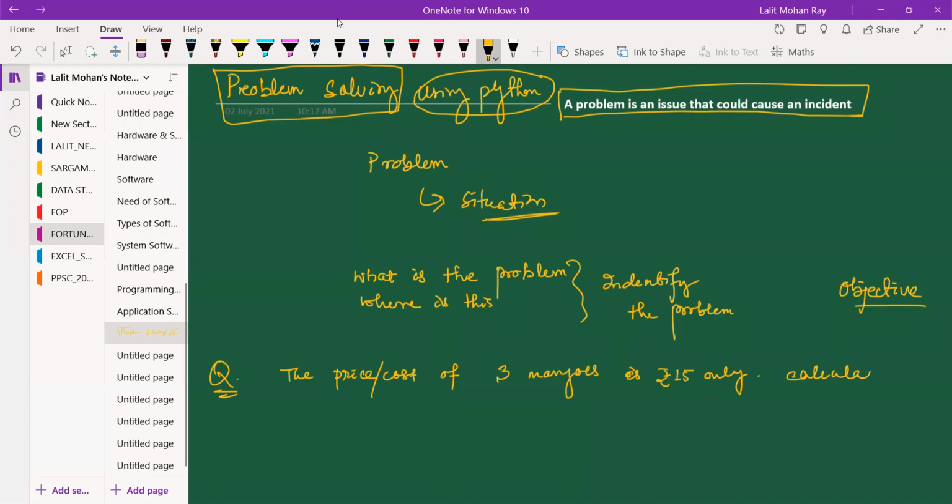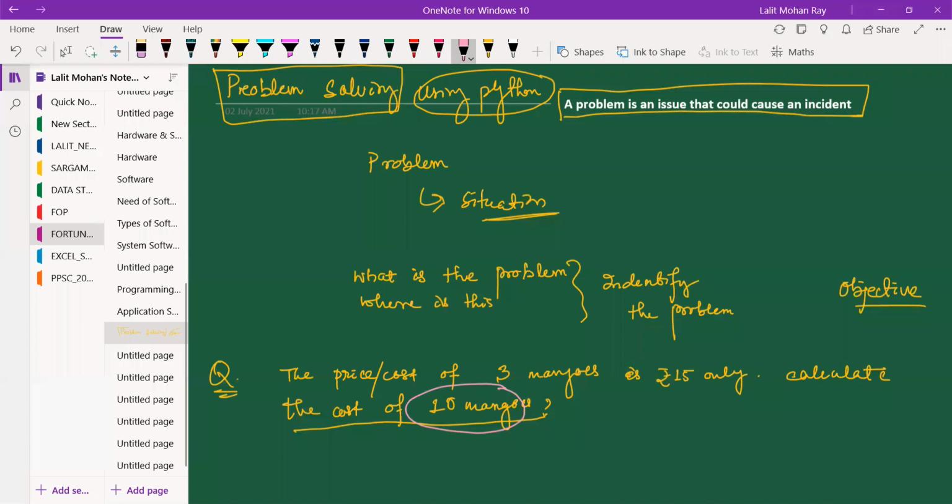Calculate the cost of 10 mangoes. It is a very simple problem. We treat this question as a problem because we have to find the cost of 10 mangoes. That means this is our objective. Find the cost of 10 mangoes.